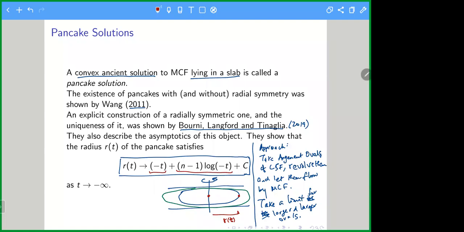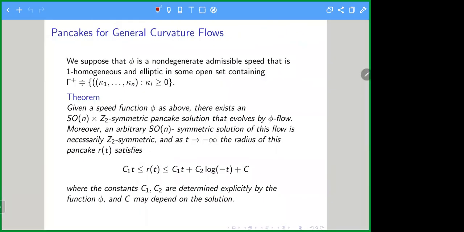So this is in mean curvature flow, and I tried to repeat this same procedure in general flows. What we do is take again an admissible speed, and I want it to be non-degenerate as well, which means the speed is non-vanishing when at least one of the principal curvatures is non-zero.